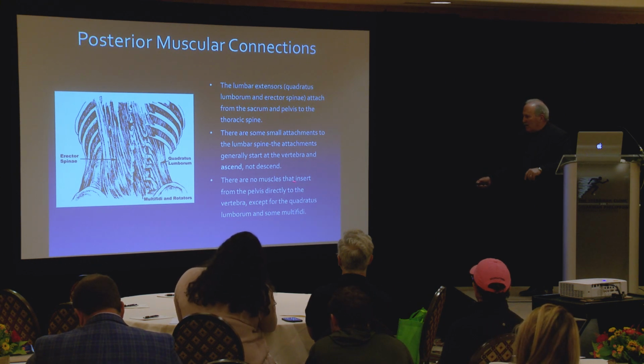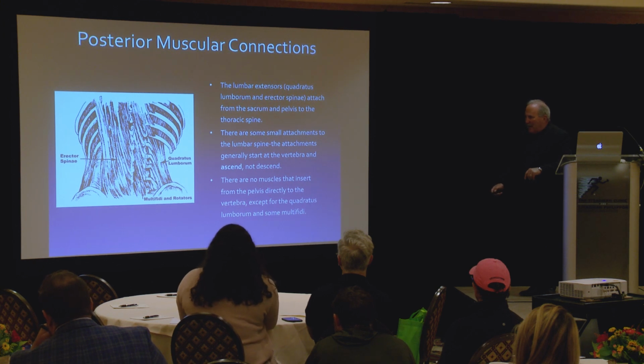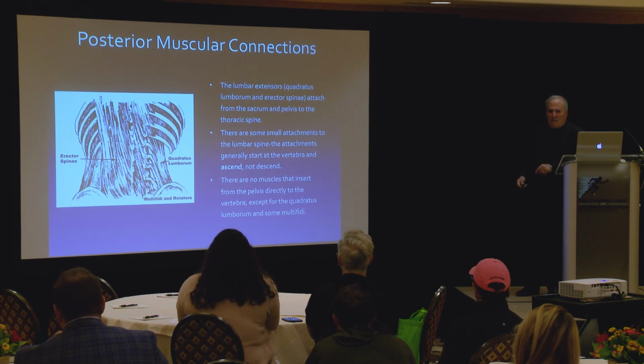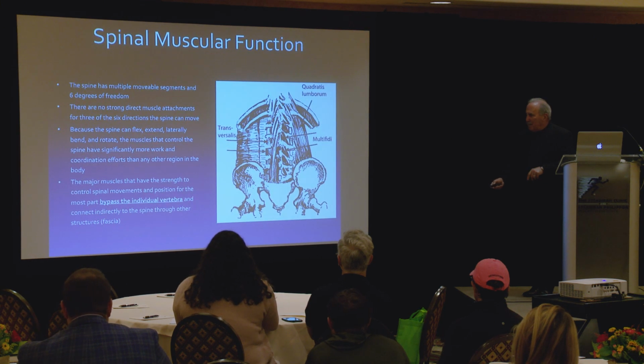There are no muscles that insert from the pelvis directly into the vertebra except for the quadratus lumborum and some multifidi, meaning that you don't have direct control of positioning for the most part. The muscles that do that, the multifidi and rotators, are small muscles that don't have the strength to resist certain types of motion. So we are born with problems that we can't easily identify and help unless we learn how to do things appropriately.